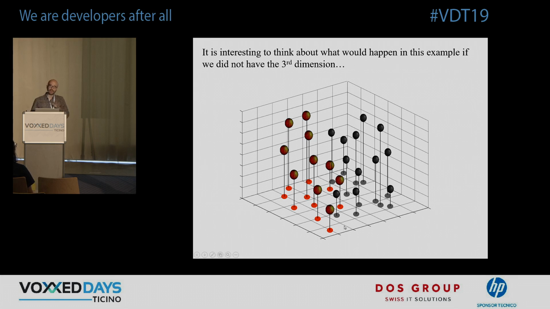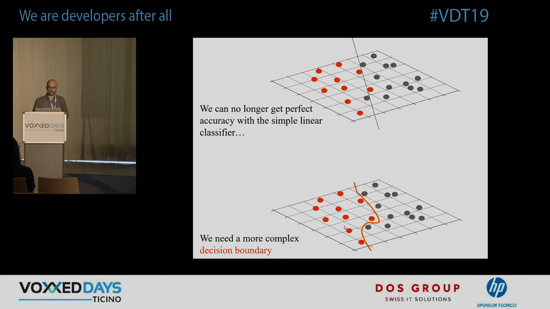Then it's very possible that when these objects are in 3D space, I can find a plane that divides them, but when I project all of them on the ground, I can't find a line anymore. I have to find a more complex shape, which is possible, in fact. And in most cases, we don't really have a line distinguishing my points. I have to find something a bit more complex.